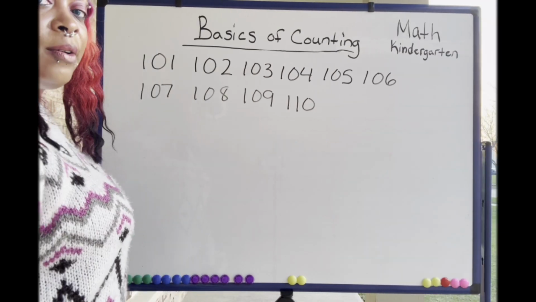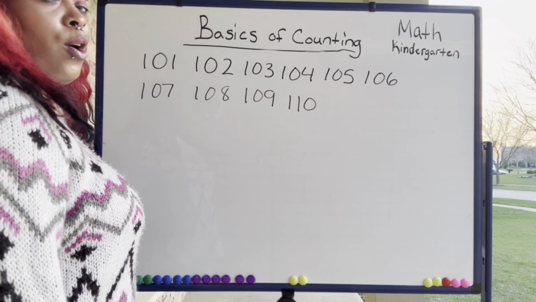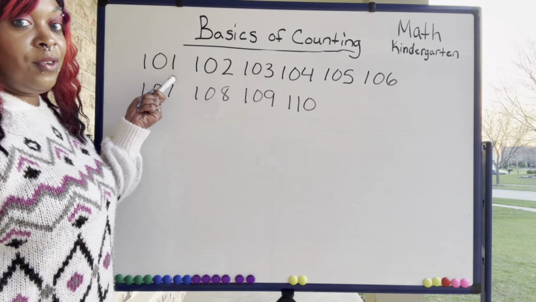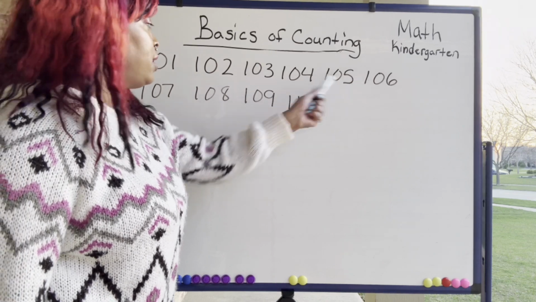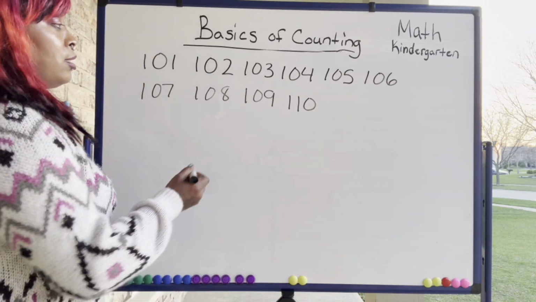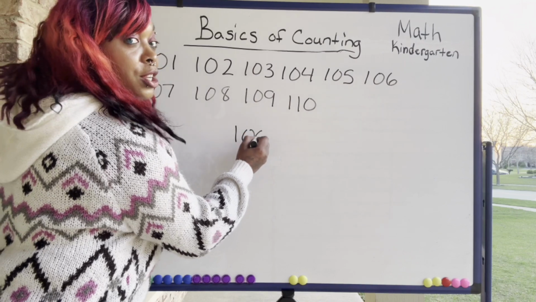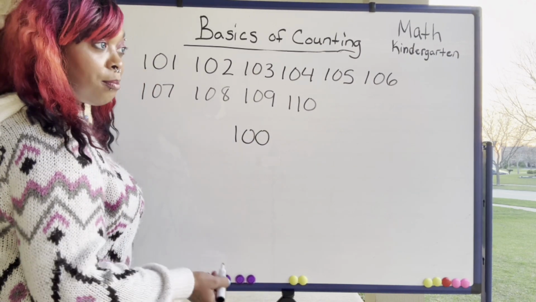Okay, so in counting from 100 on forward, start with 101 because 1 is the first number, and then after that is 2, 3, 4, 5, 6, 7, 8, 9, and then 10 again. Since 100 is a 3-digit number, 110 is also a 3-digit number.